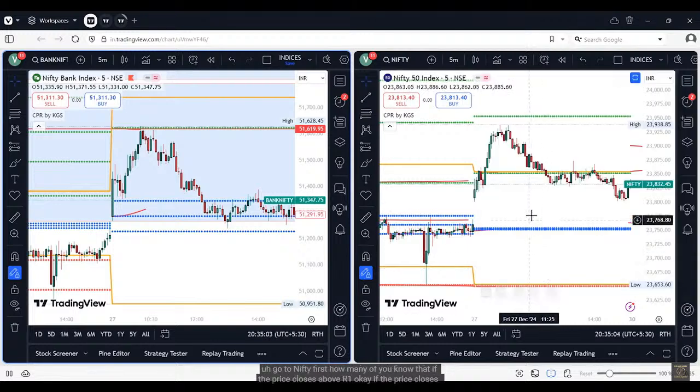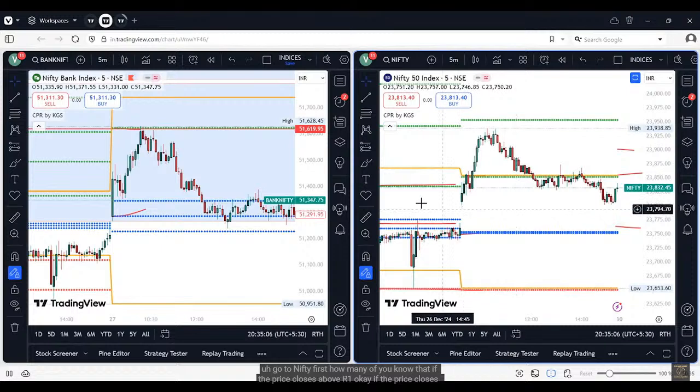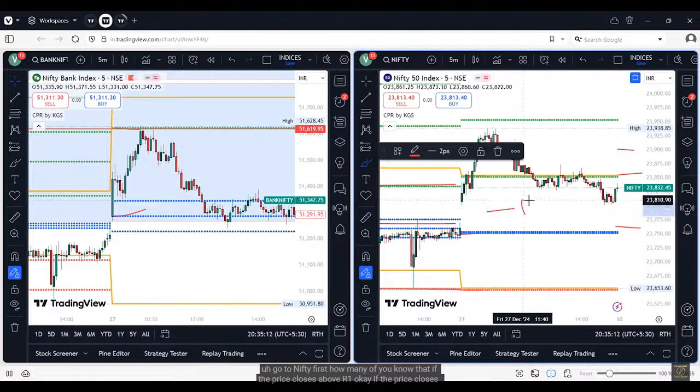Okay, let's go to Nifty first. How many of you know that if the price closes above R1 and the previous day's high, PDH, this is a bullish action to take.